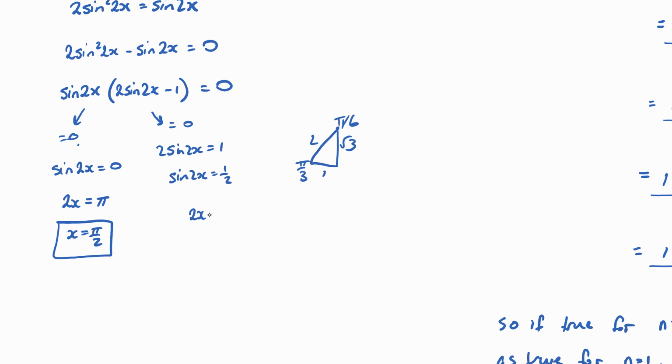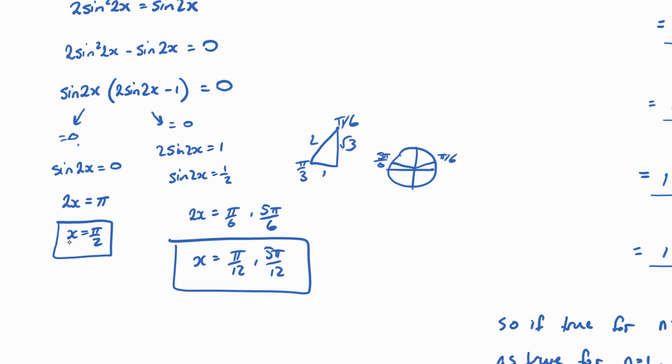So 2x will equal pi on 6, or 5 pi on 6, and those are the only positive ones in the domain. So therefore x will be pi on 12, once I divide by the 2, and 5 pi on 12.